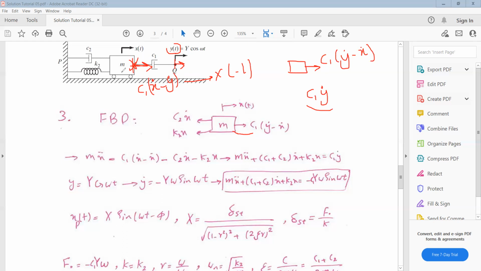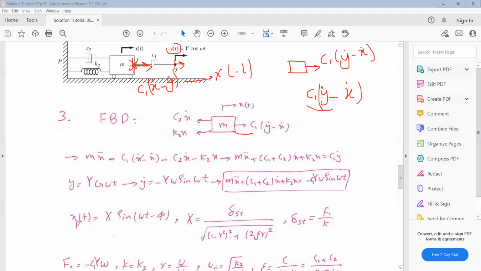This time we can assume that mass M starts to move with the velocity x dot. By increasing the velocity of x in the right direction, this force will be decreased by C1 x dot. So it will be C1 times y dot minus x dot. Both of them will be accepted. I mean, in your equation, if you assume C1 times y dot minus x dot, when you write the summation of the forces in the x direction, this force will be considered positive.